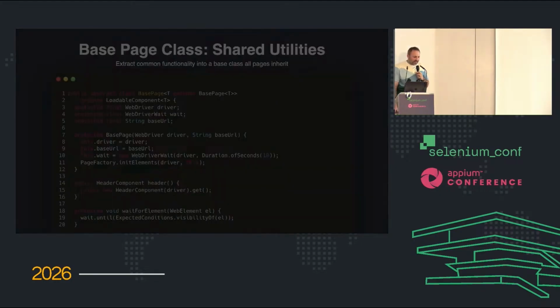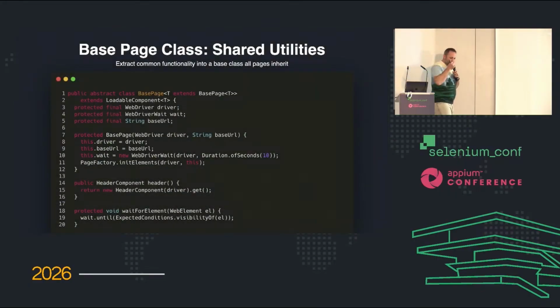Okay, let's take a look at the base class. If in the base class we extend from the loadable component, all the children will be forced to override load and isLoaded. So you can just extend the base page from the loadable component, and then by chaining, you will be forced every time to implement isLoaded and load in every page, and you will never forget.